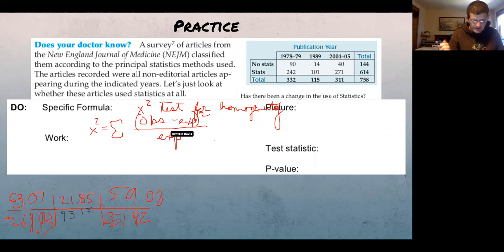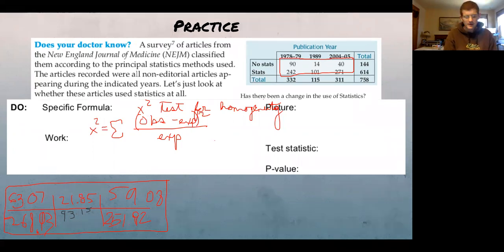We have the observed counts right here and the expected counts right here, so you can set up your matrices. This is now going to change to a 2x3 matrix. We can run through, let the calculator give us all of our numbers, and then go back and add the work.